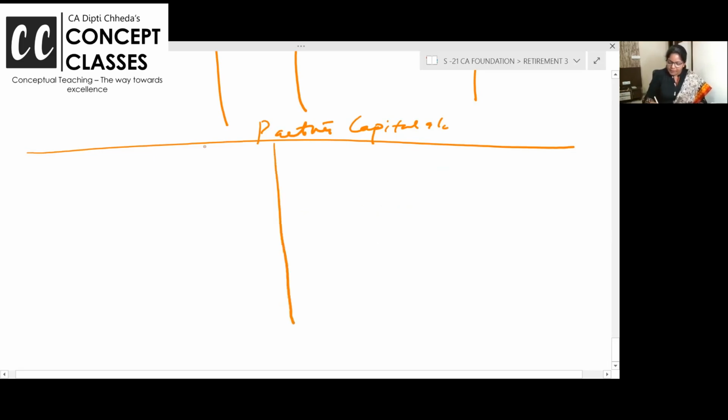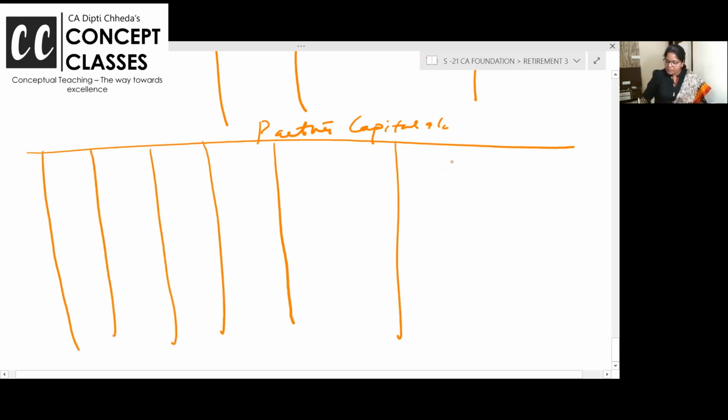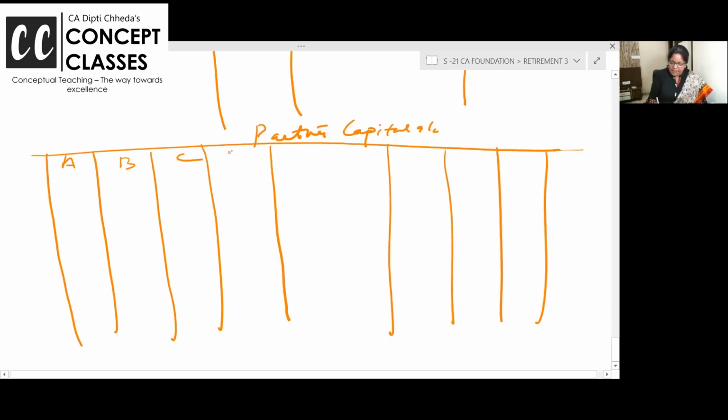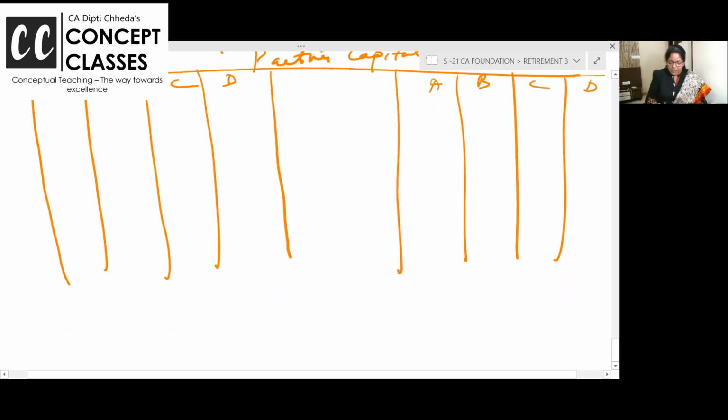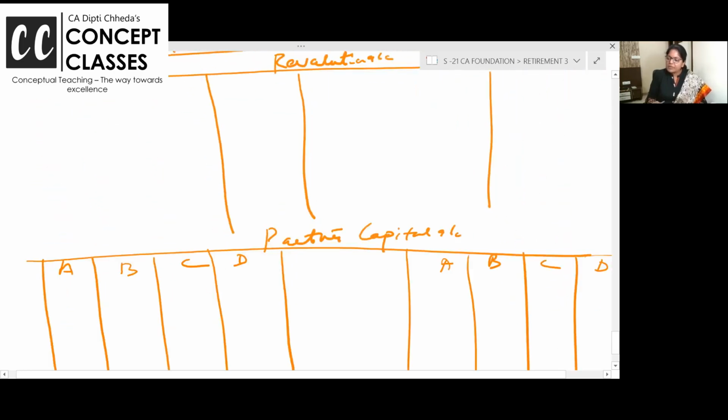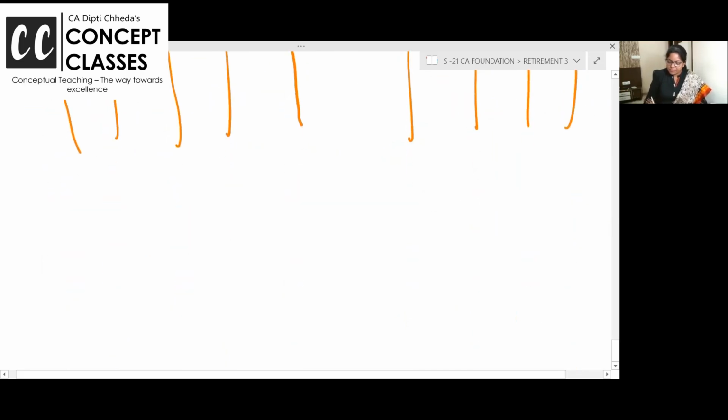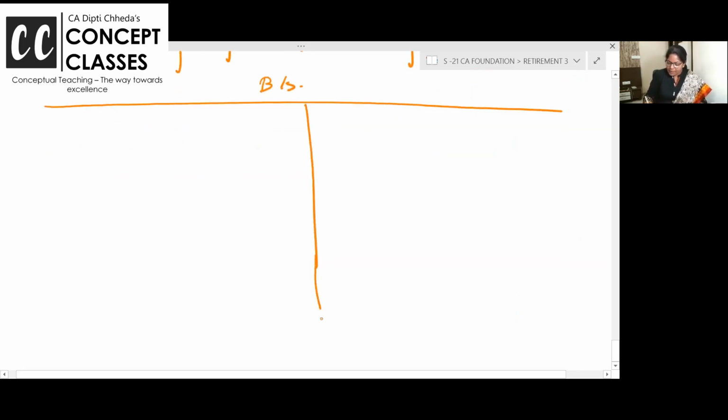So we will prepare the partners capital account: A, B, C, D. Next is balance sheet. We will make the balance sheet a little bigger too.